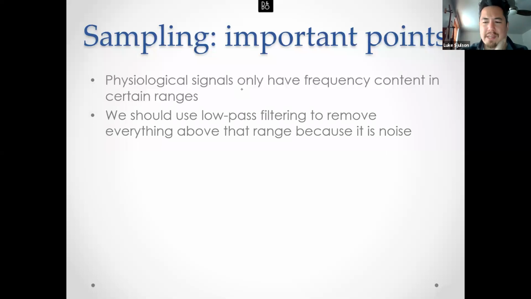I can't remember if I said this or not, but maybe a way to say this is that either we have to use low pass filtering, or a lot of times you have an instrument that's only fast enough to operate up to a certain frequency.